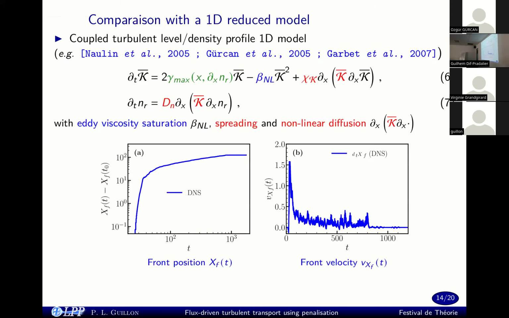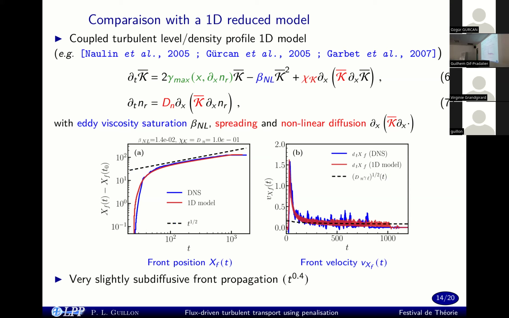So indeed, we can look more closely at the front position as a function of time. Here it's in log plot, and the velocity of the front. This is what we get for the DNS, with the first fast propagation and then the slower propagation that we see also for the velocity. We can compare with the 1D model, and we see that it seems to match the DNS for both front position and velocity.